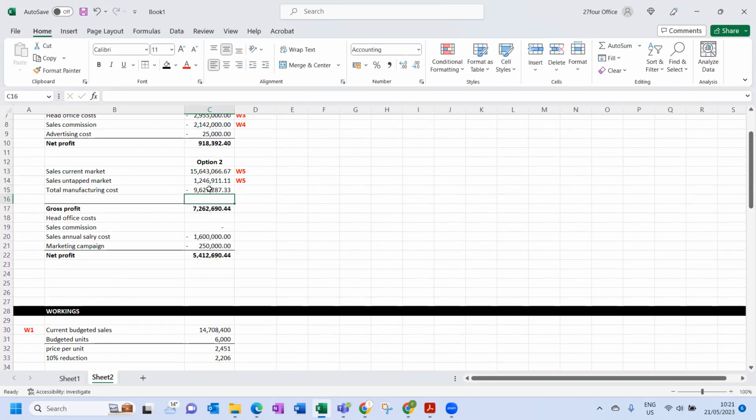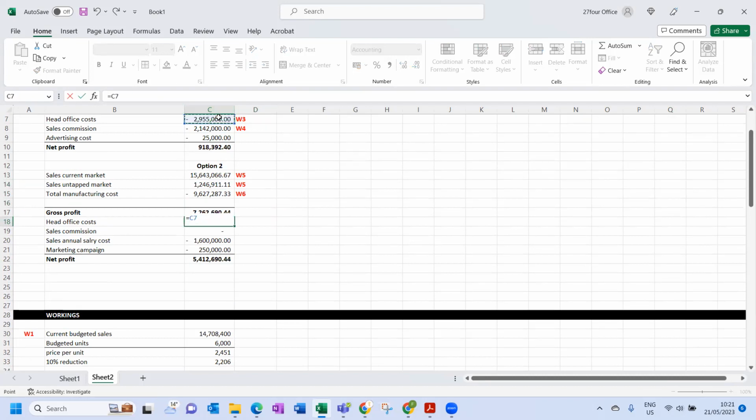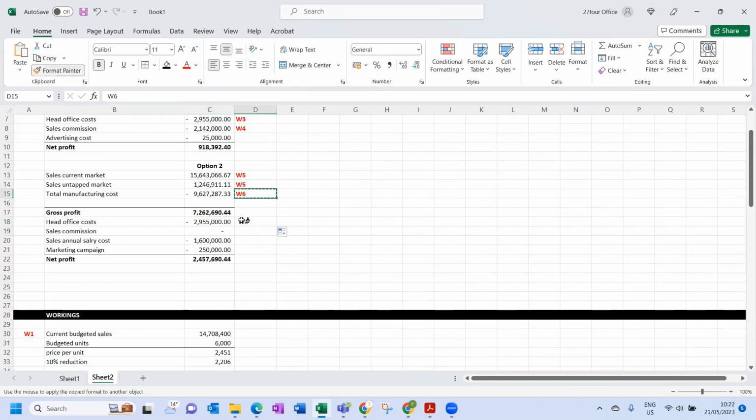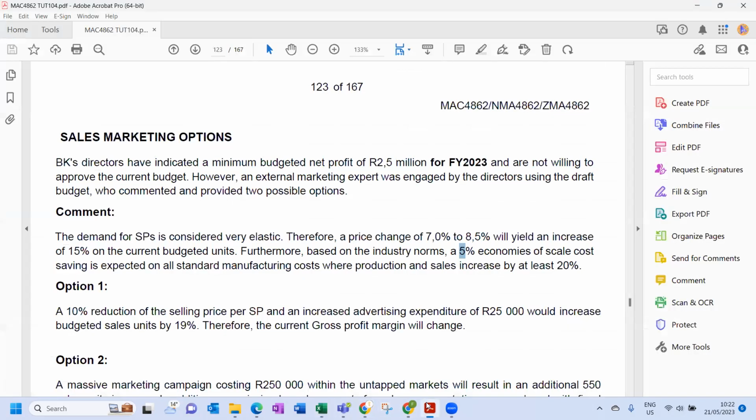I'll go through it again. I can't remember if I took into account everything. Head office costs will be exactly the same as that over there. So working 3 we can apply. We're done with all of those. Okay, so I think I've covered everything. I'm just going to go back quickly.